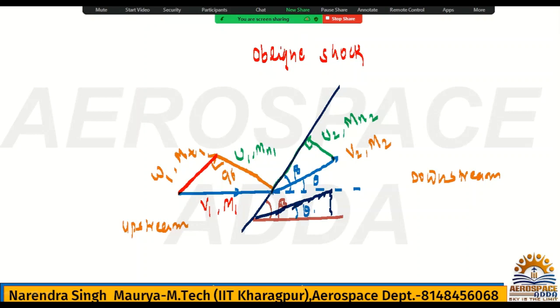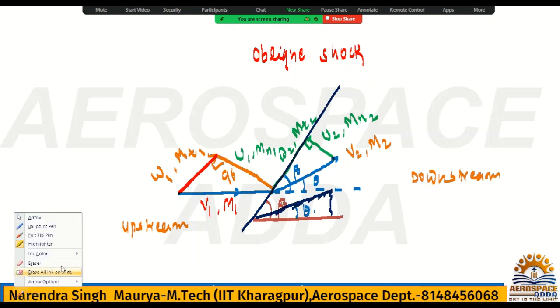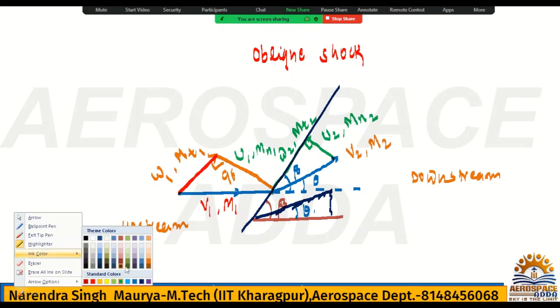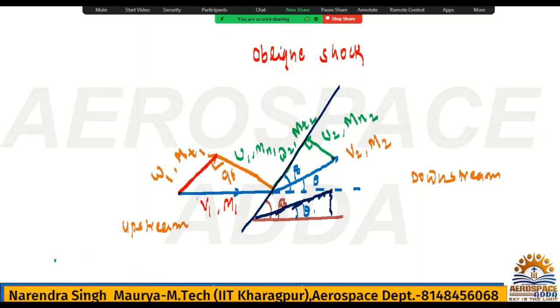This is the tangential component, and its value is W2 and MT2. Okay, remember. Now hope if you understood this diagram, then it will be very easy for you. So I can say this is the upstream, and this is the downstream.